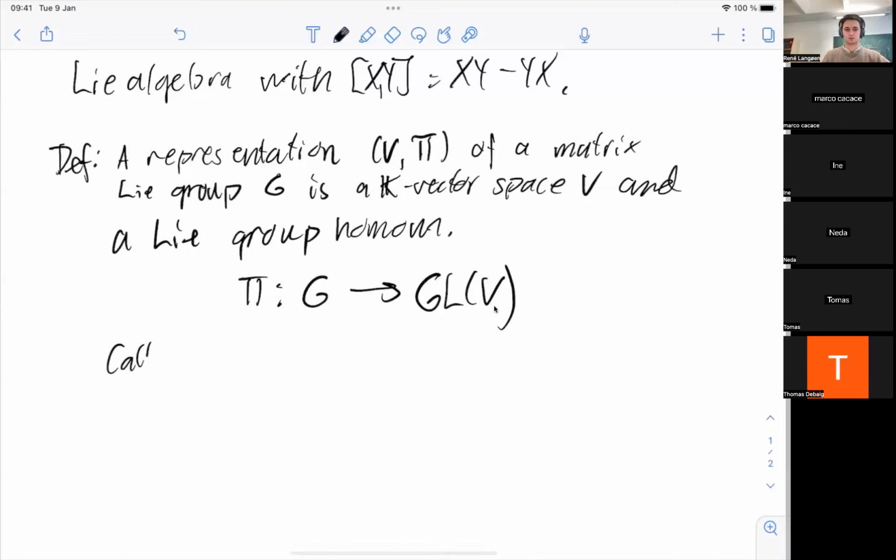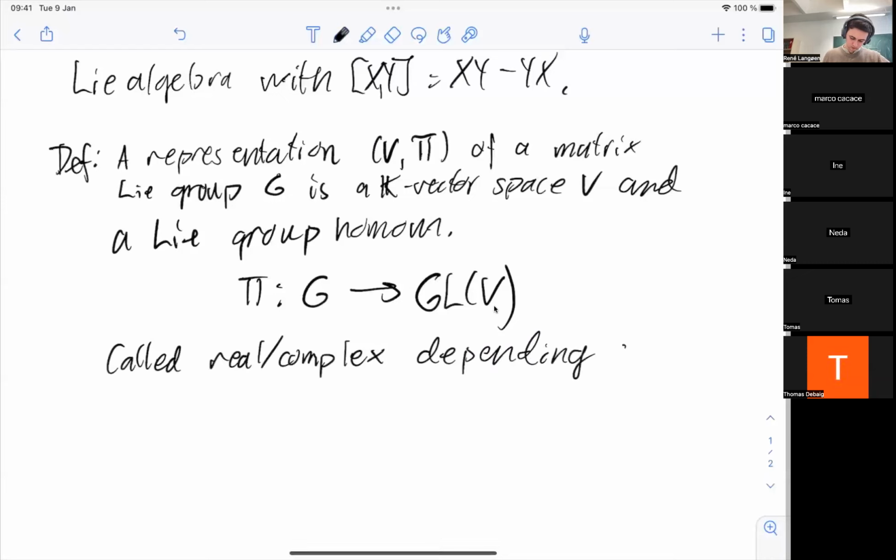And this is called a real or complex representation, depending on whether V is real or complex.